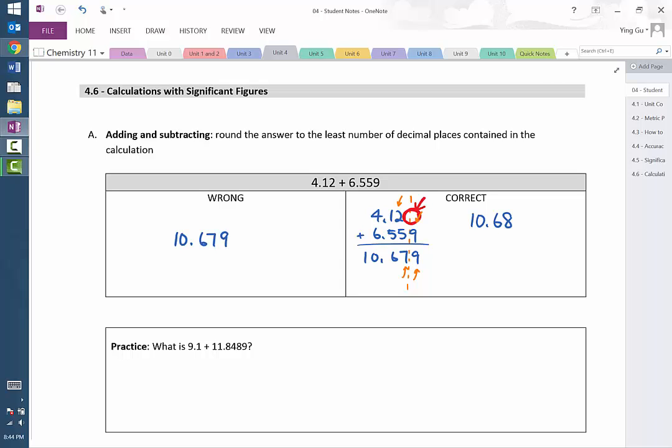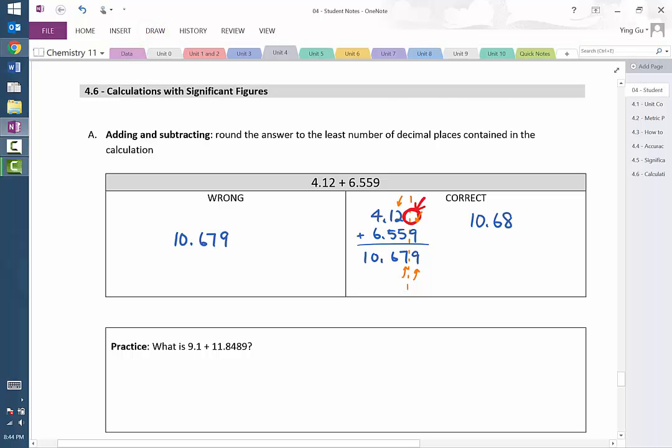And so for those reasons, 9 added to a number that simply doesn't exist for us is not 9. It wouldn't make sense. And so that's another reason why we would cut the final answer off to 2 decimal places. So the rule with adding and subtracting is we always round the number off so that the decimal places in the final answer match the decimal places of the number you used that had the least number of decimal places.